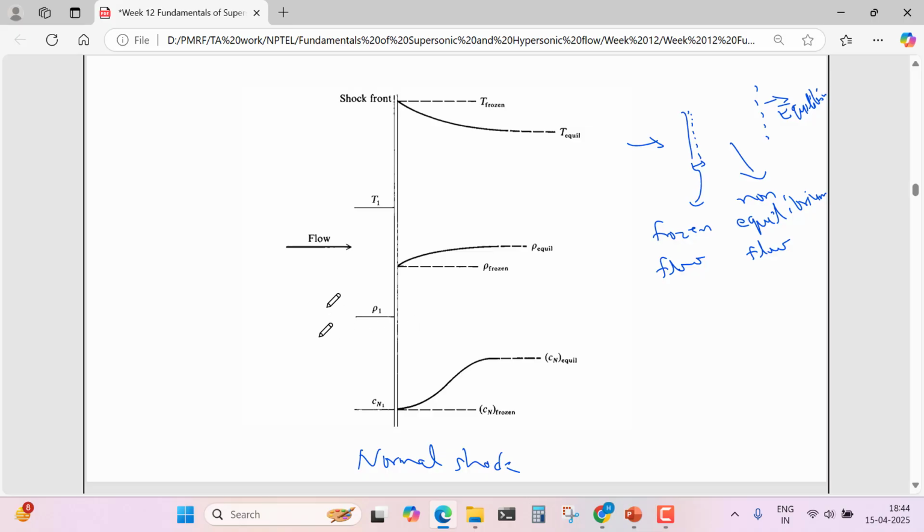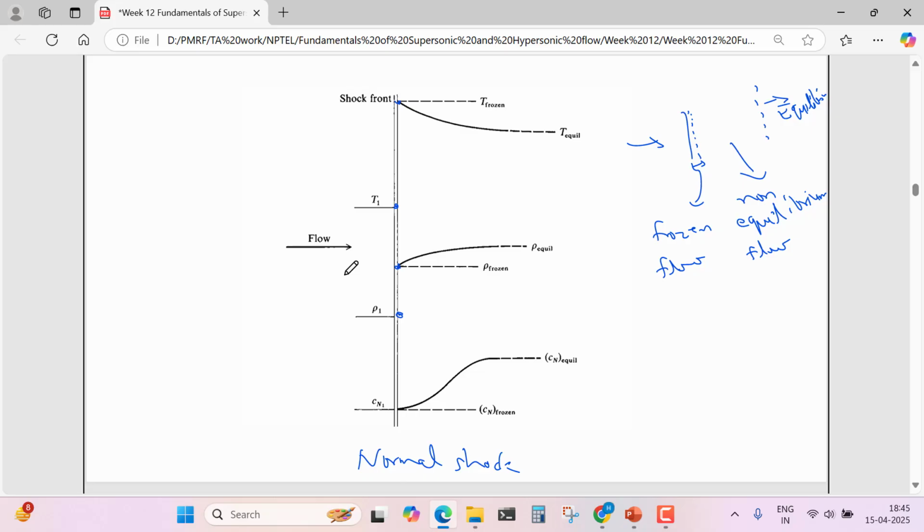So across a shock, temperature and density increase. And just after the shock, the values will be equal to frozen properties, or you can say similar to a calorically perfect gas. But the temperature inside the shock layer will be high.